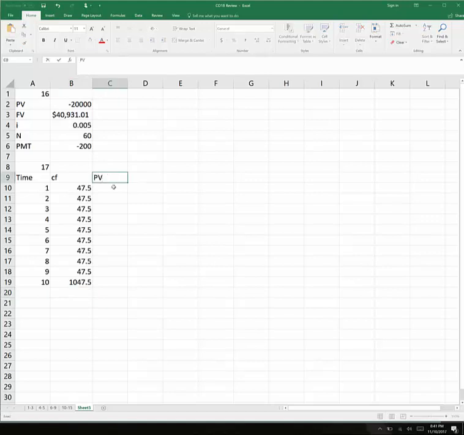To find the price, we need to calculate the present value of all these cash flows and add those together. So this is a 6.5% discount rate that we're assuming. So we're going to discount by that rate for every cash flow and raise that to the appropriate power. So here it's 1, down here it would be 8.